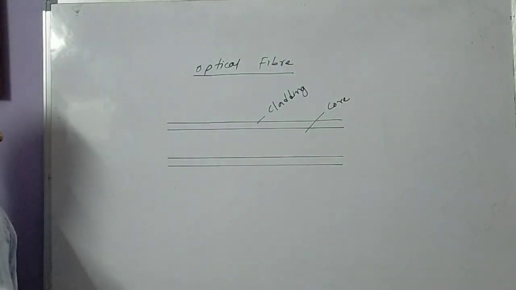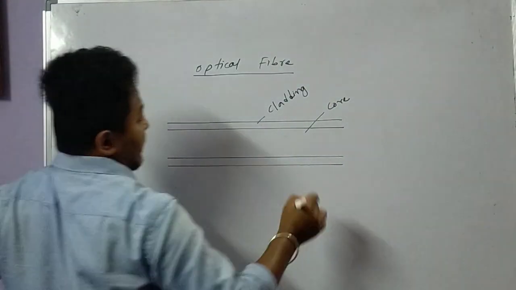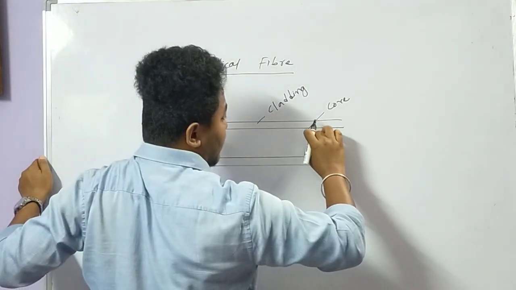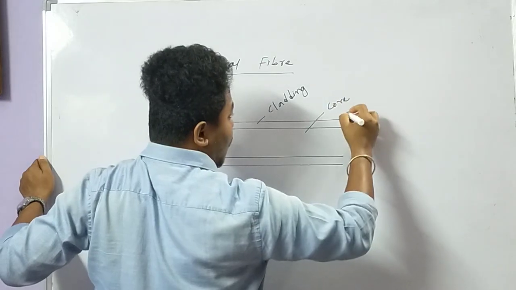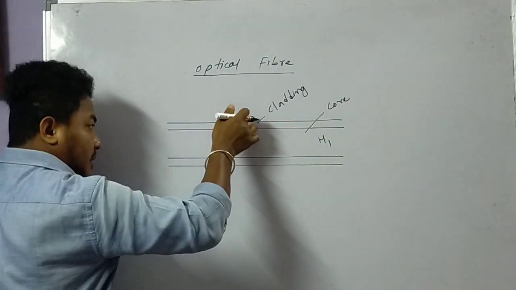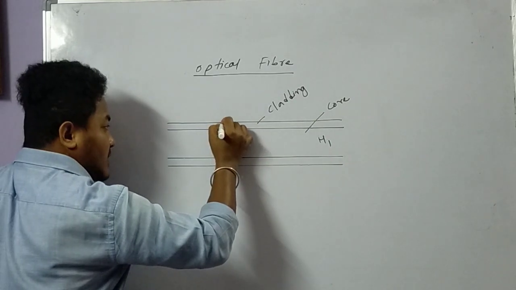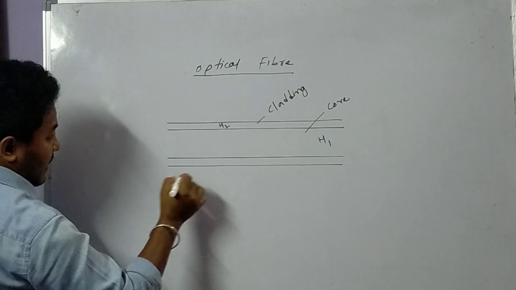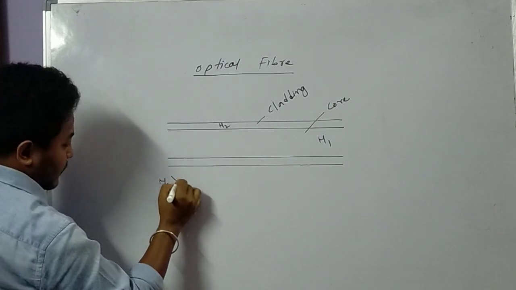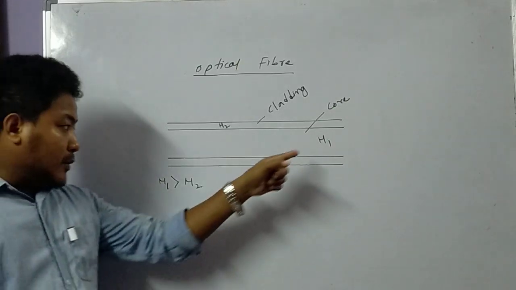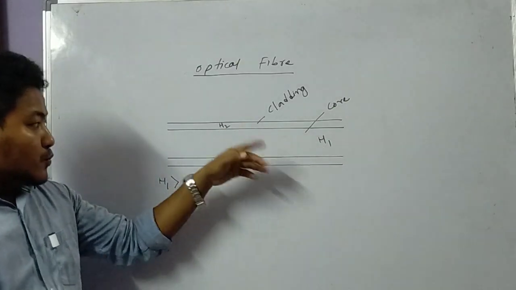If I consider the refractive index of the inner layer, that is the core, to be mu1, and the outer layer's refractive index to be mu2, then mu1 will be greater than mu2.